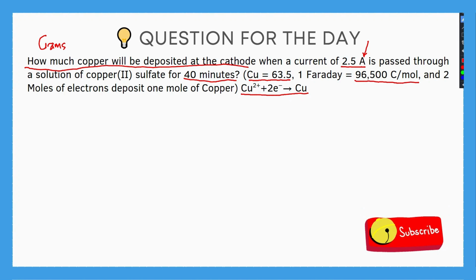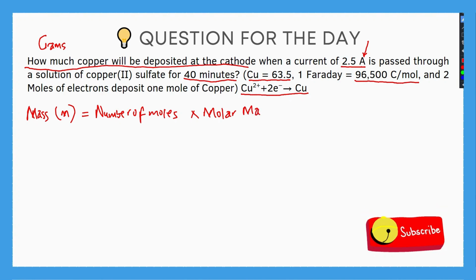First things first, they've asked us to calculate the mass of copper. Now, the mass of a substance, M, is simply equal to the number of moles of that substance multiplied by the molar mass of the substance.